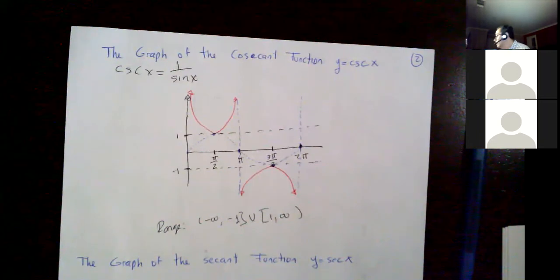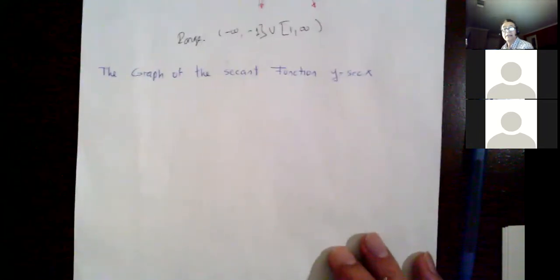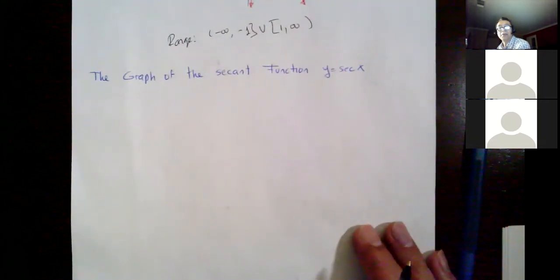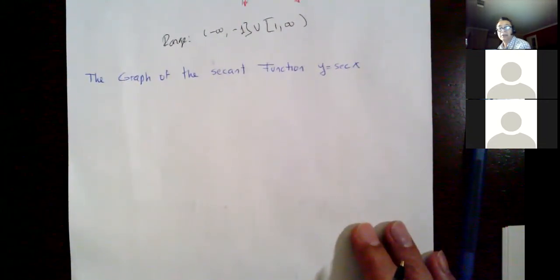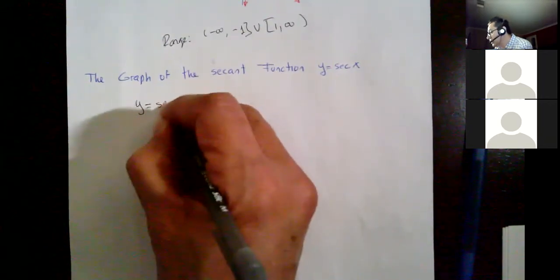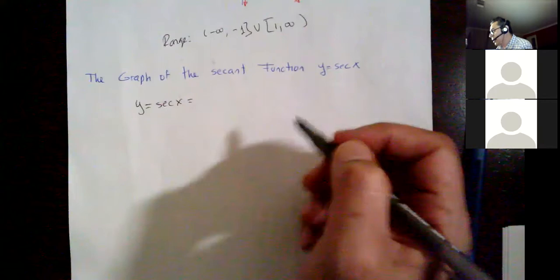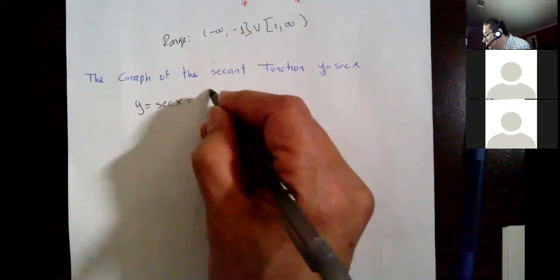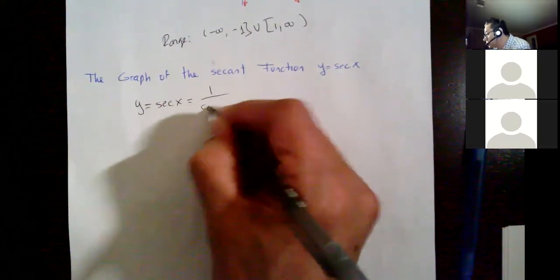Okay. So give me a couple of minutes to grab the secant really quick. Okay. So notice y equals secant of x. I don't know how the secant looks, but I know that secant is the same as 1 over cosine of x. All right. I'm going to do exactly the same. I'm going to start by graphing the cosine of x really quick, you guys.